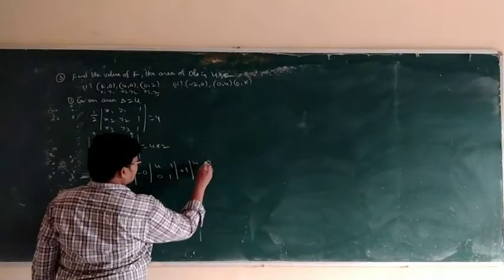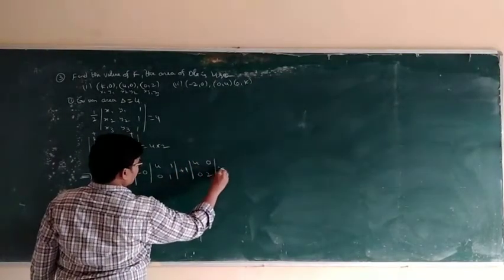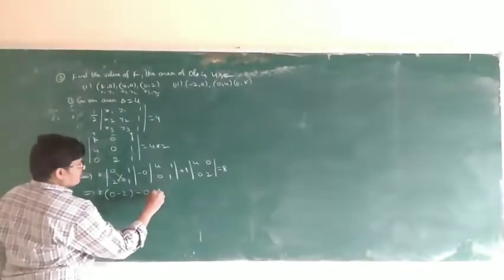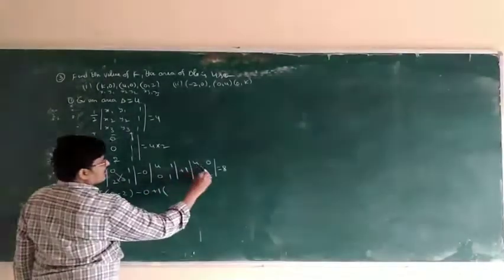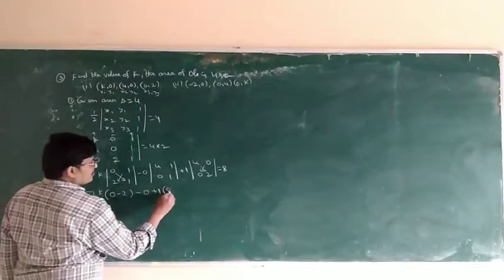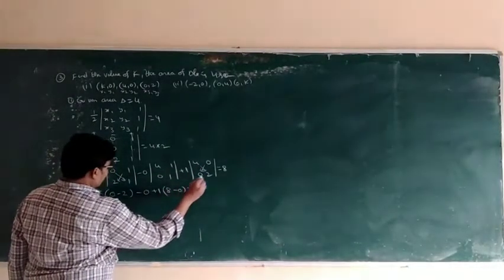4 0, 0 2, equal to 8. So that is equal to k into cross multiplication, 0 into 1 is 0, 1 into 2 is 2, minus 0 into something 0. Next plus 1 into cross multiplication, 4 into 2 is 8, 8 minus 0 is equal to 8.